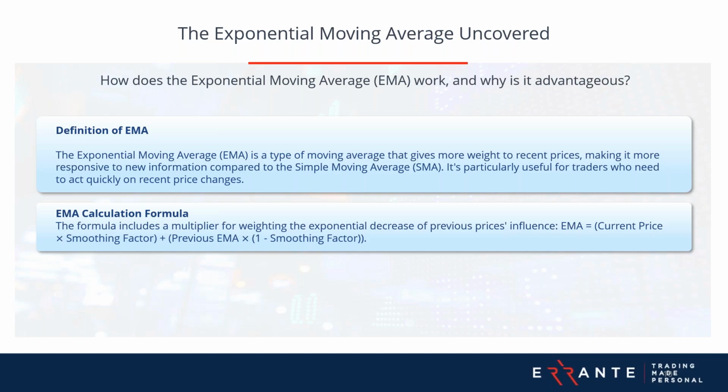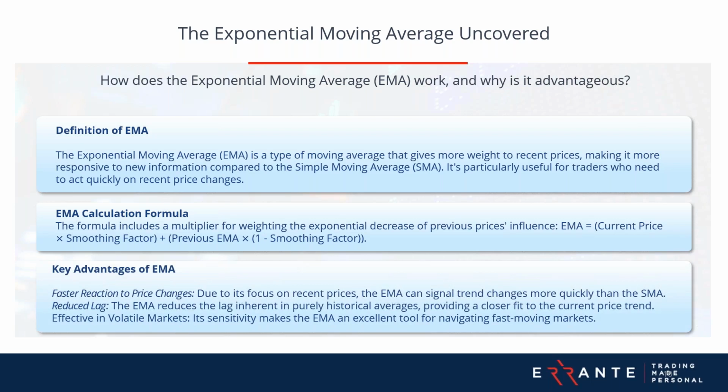So this heightened sensitivity of the EMA offers a trio of advantages for traders. Firstly, its ability to react faster to price changes makes it indispensable for capturing the initial stages of a trend or a reversal.